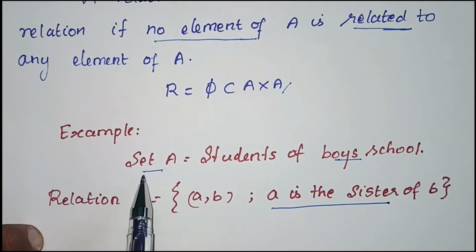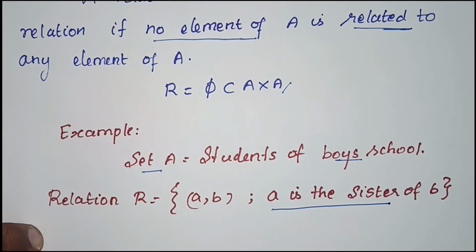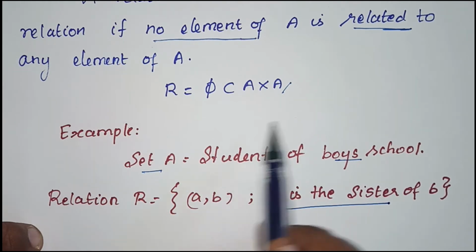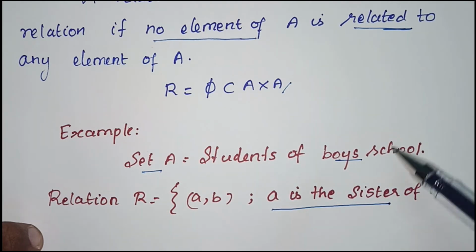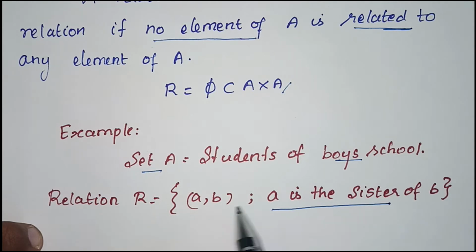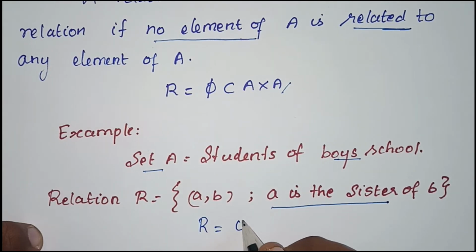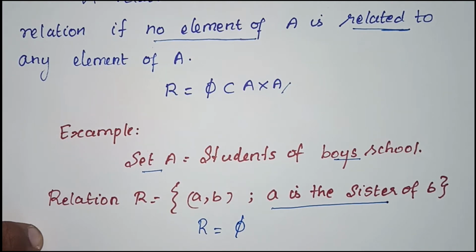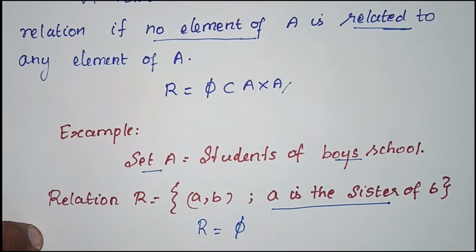But this is a boys school. So no student can be a sister of any student in the school because the school is for boys. So there is no relationship between this relation and this set. So this relation is called an empty relation. No element of A is related to any element of A. That is called an empty relation.